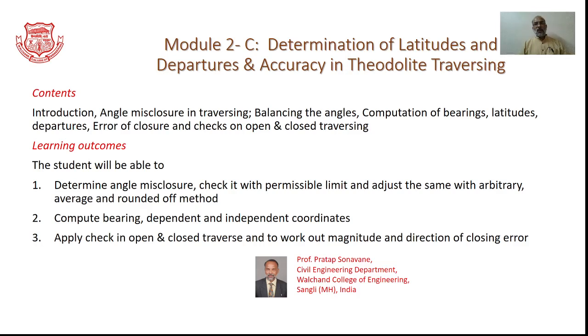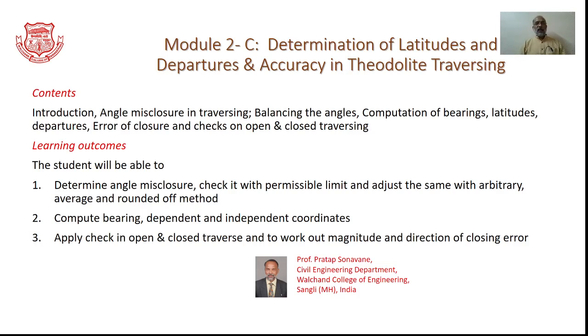So as you learn the content, you will be able to determine the angle misclosure, check the misclosure with its permissible limit, and if it is lying within the permissible limit, adjust the same by making use of arbitrary, average and rounded off methods.